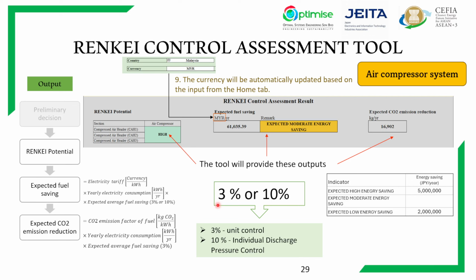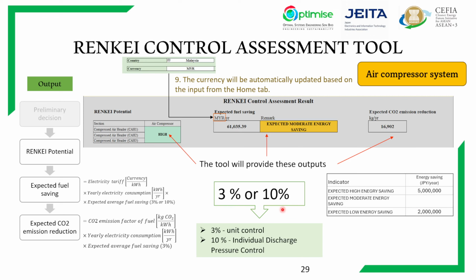The output for the air compressor, as you can see, the formula is the same, the output is also the same, and the indication of whether it is high, moderate or low energy saving is just the same. What is different is the percentage.